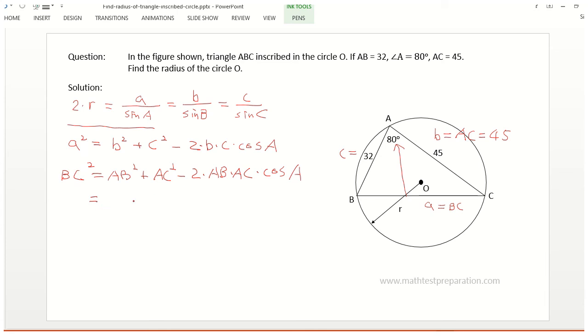which equals to AB is 32 square plus AC is 45 square subtract 2 times AB is 32 times AC is 45 times cosine A. Angle A is 80 degrees.